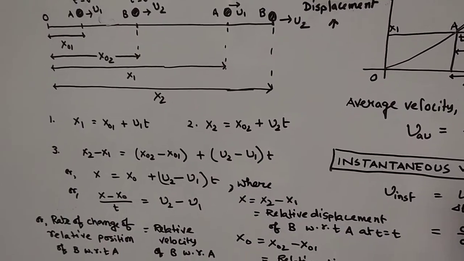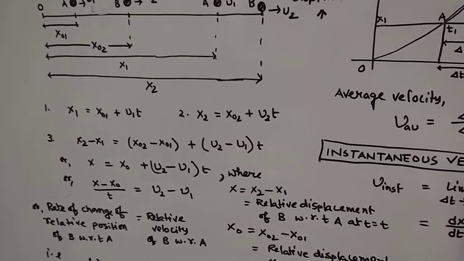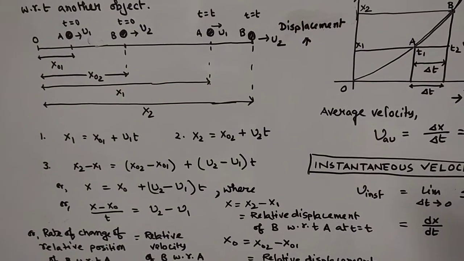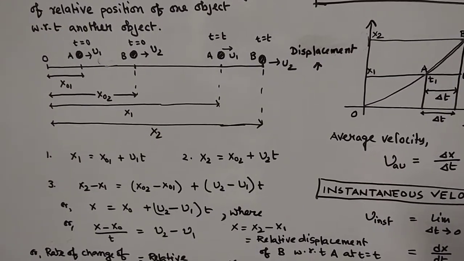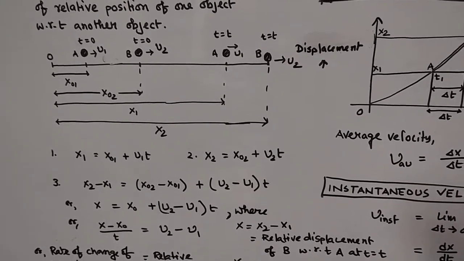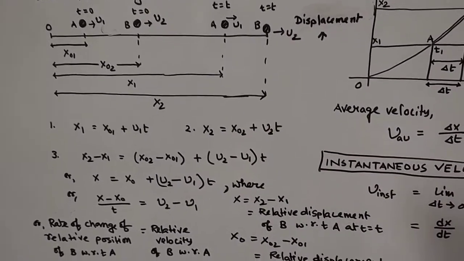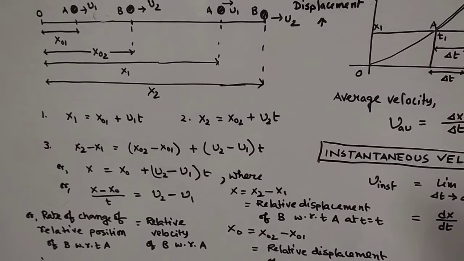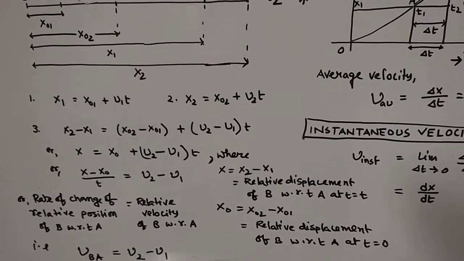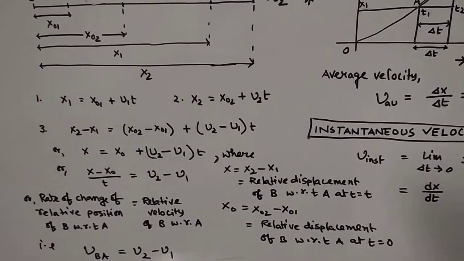So x2 minus x1, which we consider as x, is nothing but the relative displacement of B with respect to A at t equal to t, because B is x2 and A is x1, B is x02 and A is x01. Similarly, x0 equals x02 minus x01, so this gives you the relative displacement of B with respect to A at t equal to 0.